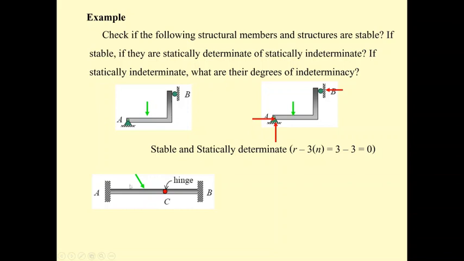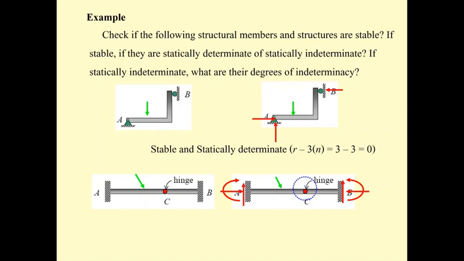The second example: A is fixed, C is hinged, and B is fixed. So the total unknown is going to be 3 plus 3, which is 6. And since we have a hinge here, the total unknown is going to be 8. The beam will be separated into 2 pieces, AC and CB, so the number of equations of equilibrium is 3 times 2, which is 6.